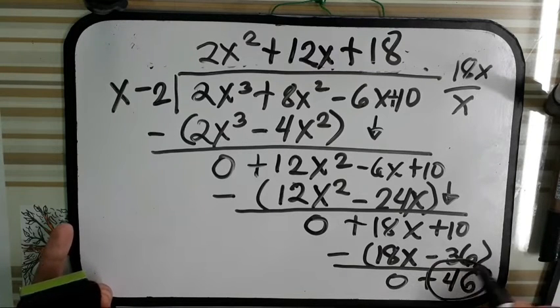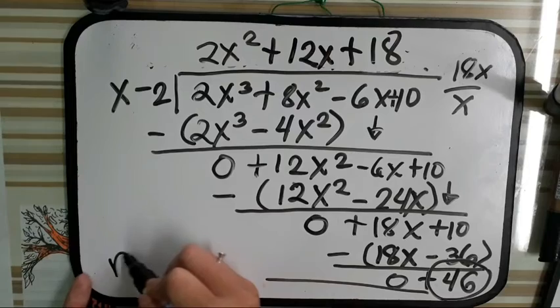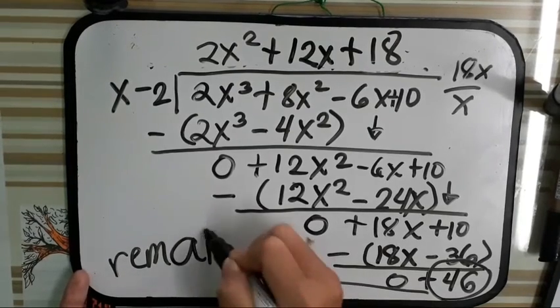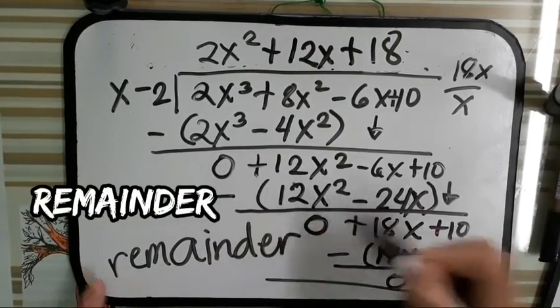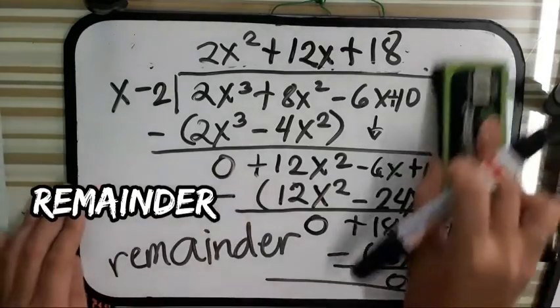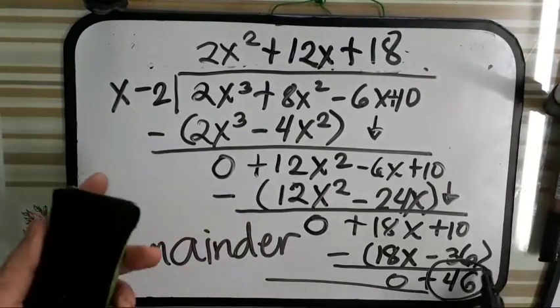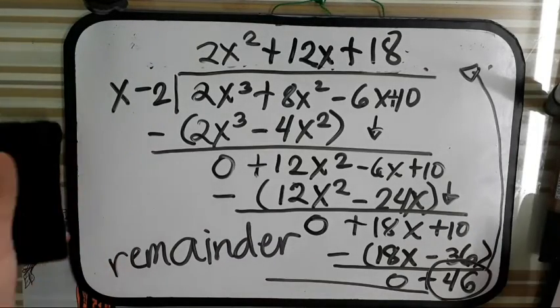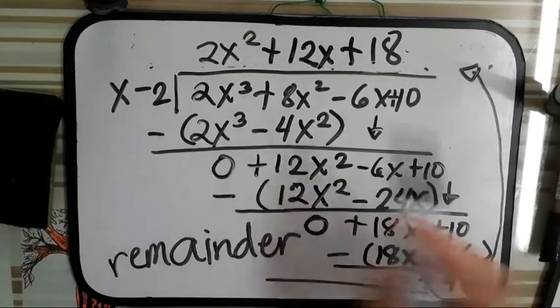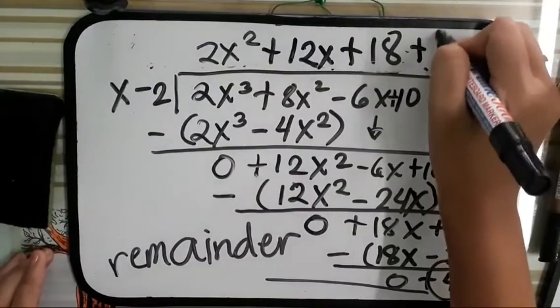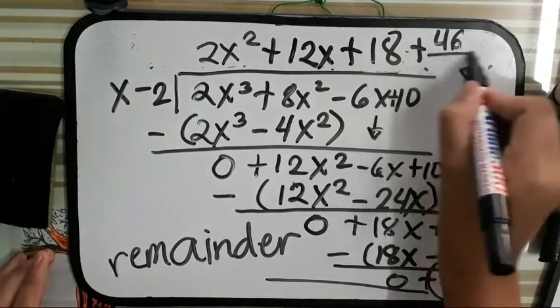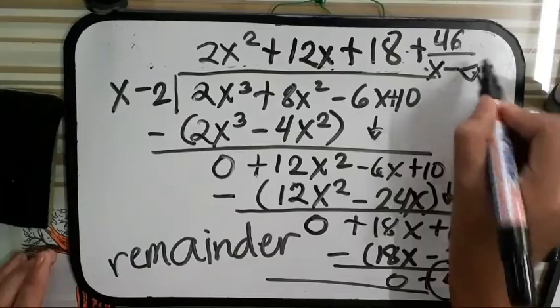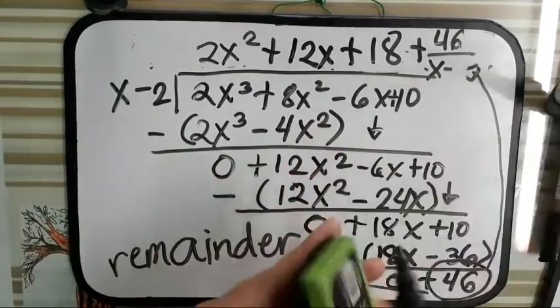Now, we have a remainder. This is called a remainder. Now, this remainder will be added to our final answer. So, we will write it here, but we need to indicate it as a fraction of this one. So, we're going to write positive 46 over x minus 2.